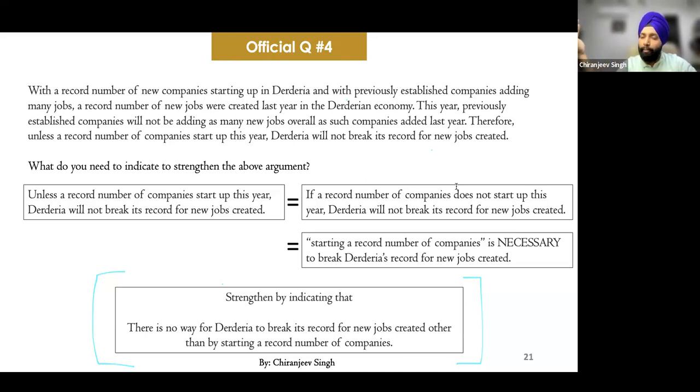Or you say that the government will create a lot of additional jobs, that would also weaken. So if you say no, the government is not going to create any additional jobs, that will strengthen. So you're essentially eliminating other ways to create a record number of jobs. That is how you're going to strengthen that it is necessary.